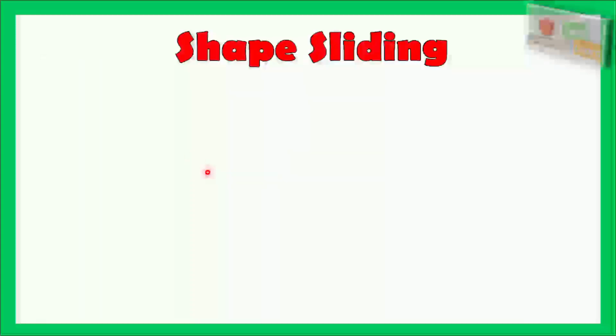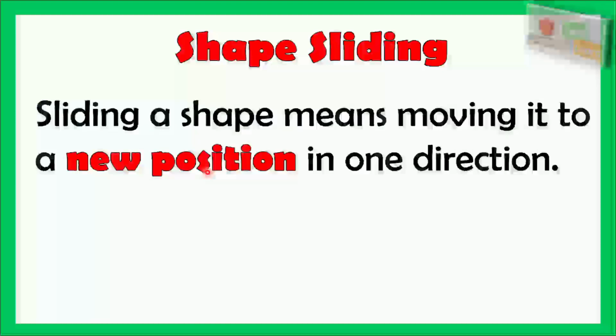Shape sliding. Sliding a shape means moving it to a new position in one direction. Like the first example, this is a square. When we move this shape through sliding, it will not change.